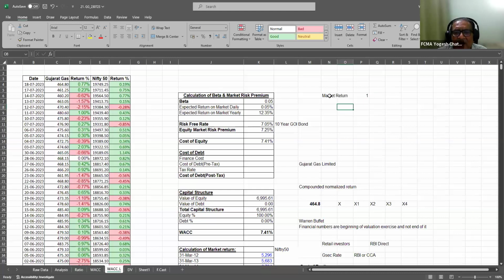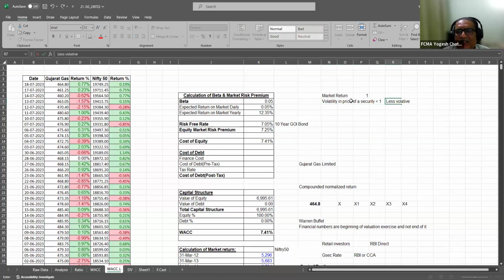The market return or the Nifty 50 is benchmarked at 1. And as compared to that, if the volatility in the price of a security is less than 1, it will be considered as less volatile.